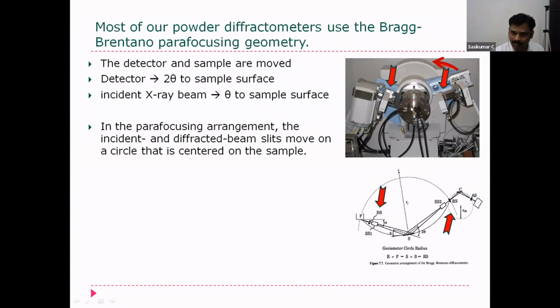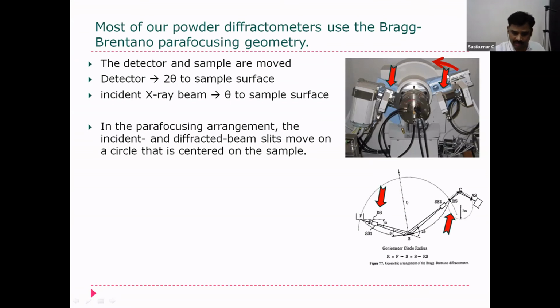You keep your sample at the center, and the detector is on this side. The X-ray falling on your specimen is diffracted, and the detector detects it. So the source, sample and detector are arranged in a circle. This circle is what we call the goniometer circle.